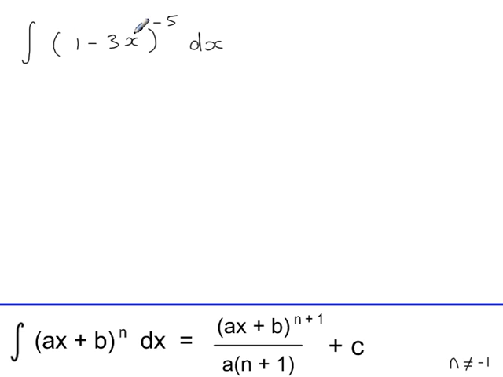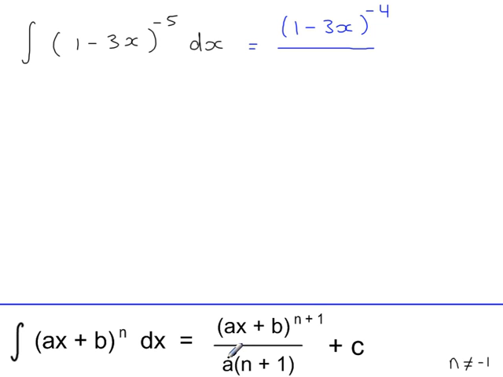Integrating 1 minus 3x, so a linear function of x inside the brackets, raised to a power. So we have 1 minus 3x, increase the power by 1, so the minus 5 becomes minus 4.